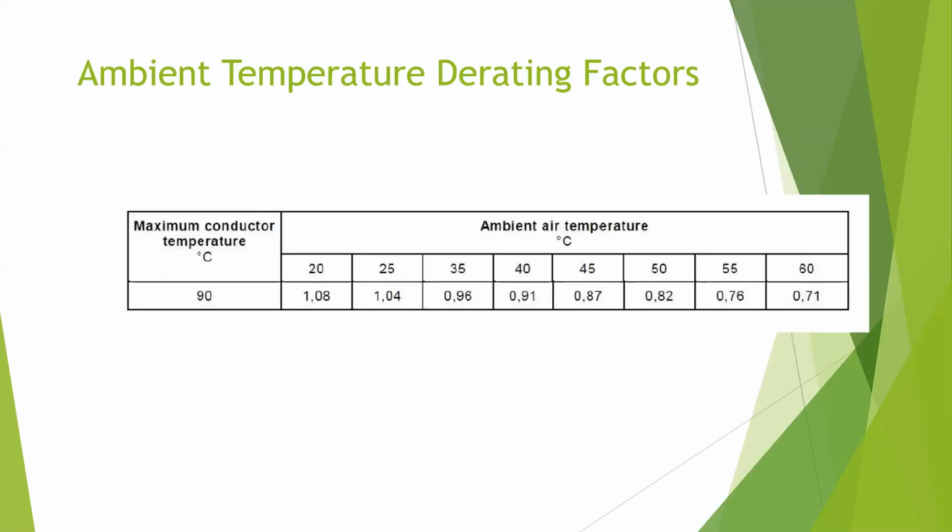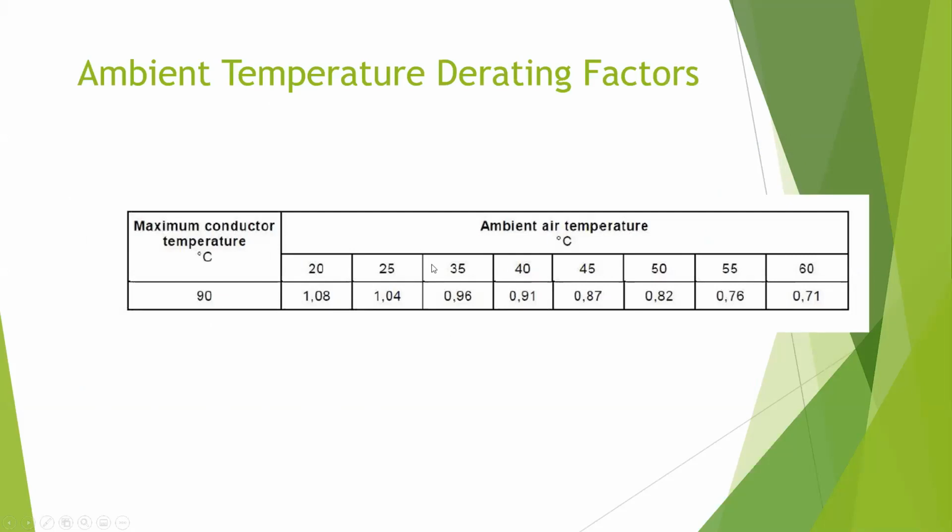These are the ambient temperature derating factors. We are going to see how to use them in an example. The default ambient temperature for rating these cables is 30 Celsius. If our ambient temperature is less than 30, we can have higher current flowing through the conductor.